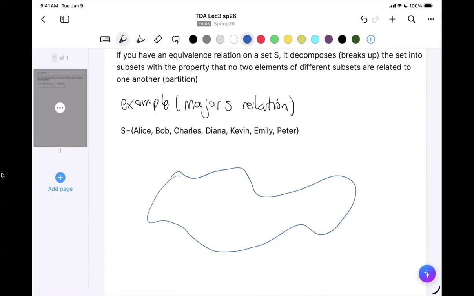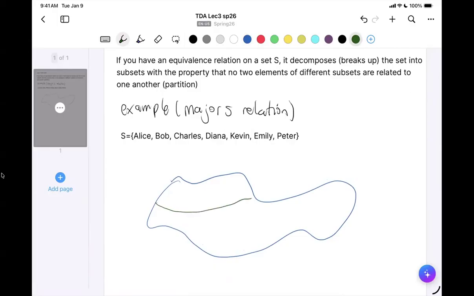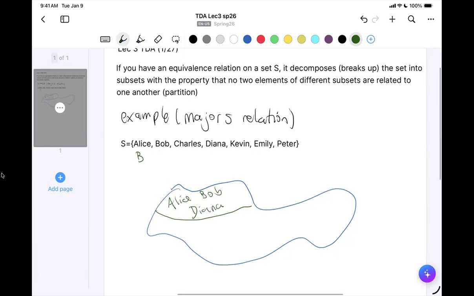So say Alice, Bob, and Diana are all biology majors, and I'll put the letter B for biology. So they are related, because the three of them are biology majors. They are all related to one another, right?